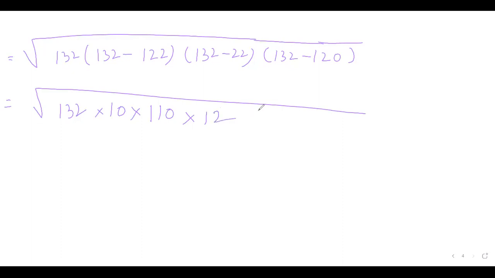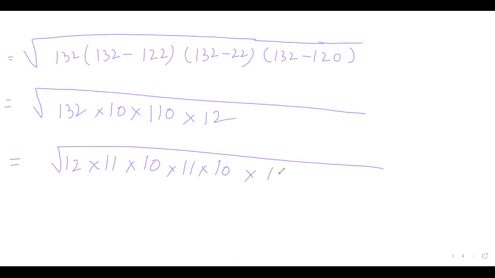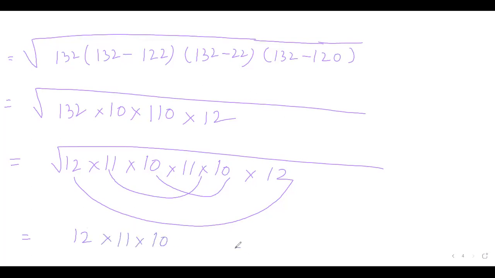Okay, so I got everything ready now. 132 is 12 into 11, and 110 I can write as 11 into 10. So now I'm getting pairs. Out of this, 12 will come out, 11 will come out, and 10. 12 into 11 is 132. You put 0, this is meter square. So I got the area of the triangular wall.